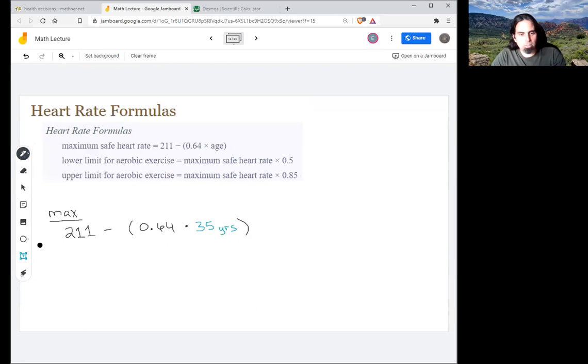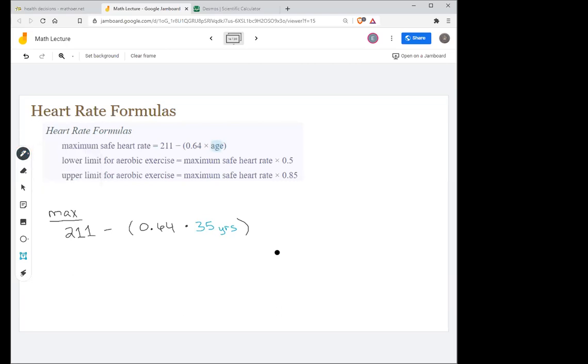So I take the formula where we had age, I plugged in something. Now tell me what else to write. Would you want to solve that first?